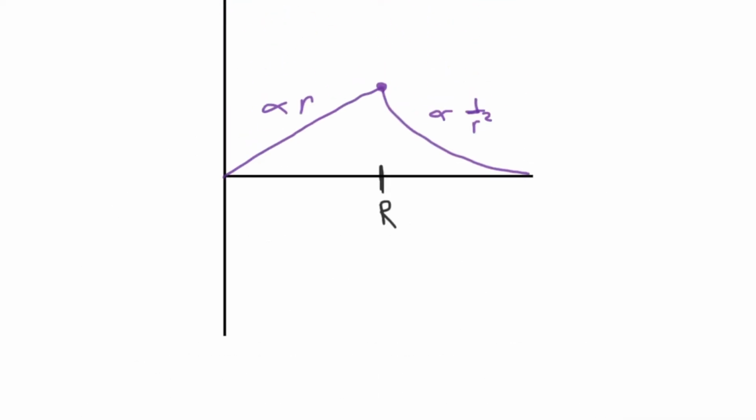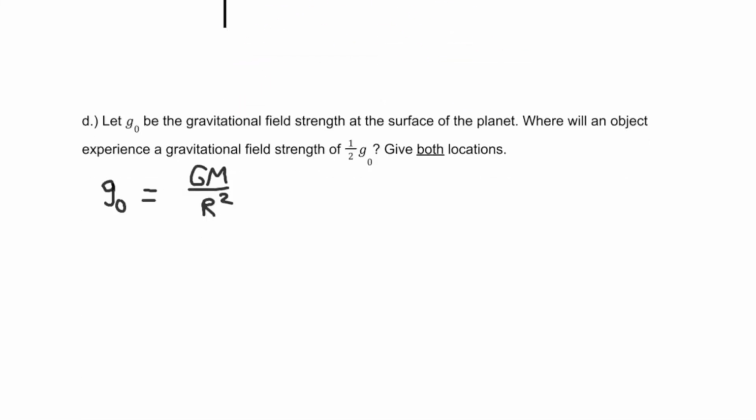So just based on the graph, we can see that there will be 2 locations. So if this is half the maximum, we can see it does intersect twice. And we want to find what those values are.